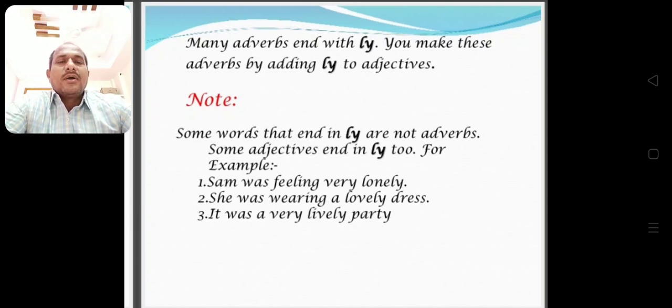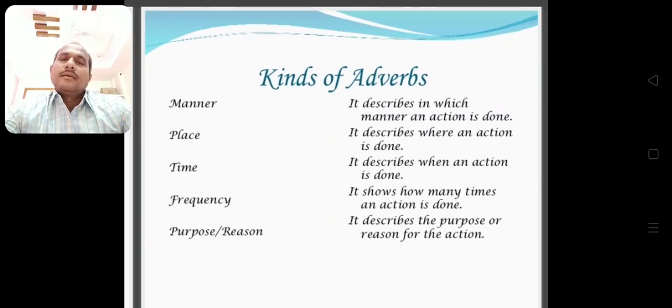She was wearing a lovely dress. It was a very lively party. These words already end with ly, but they are not adverbs. These are the examples. Then we will move to the kinds of adverbs.